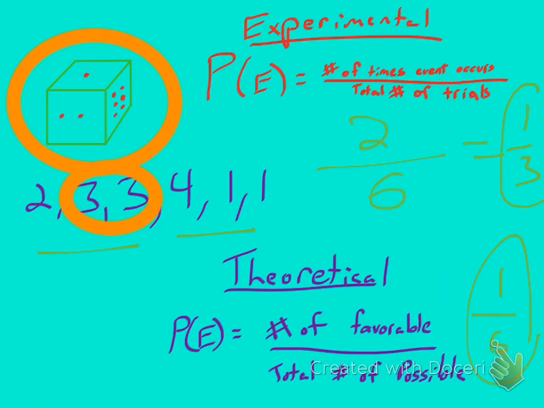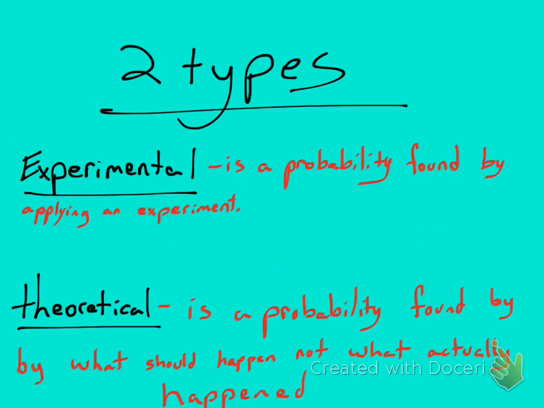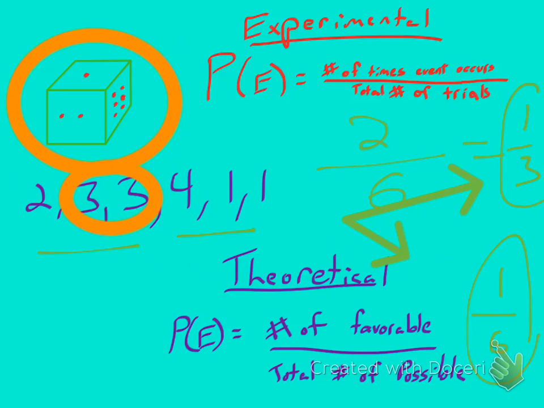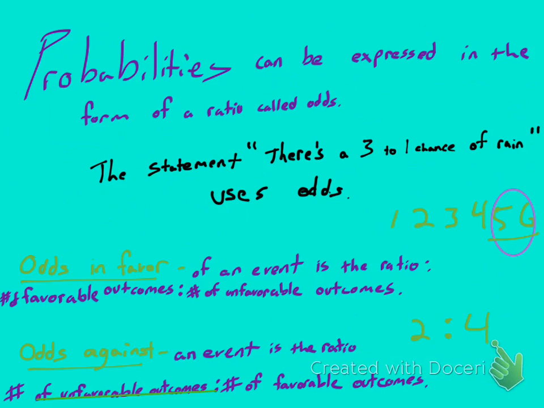The theory behind that is if I did this activity up here, if I did that activity, experimental probability, 1,000 times, then this number right here will actually be really close to the theoretical. It'll actually start getting there. And we'll work on that in class.